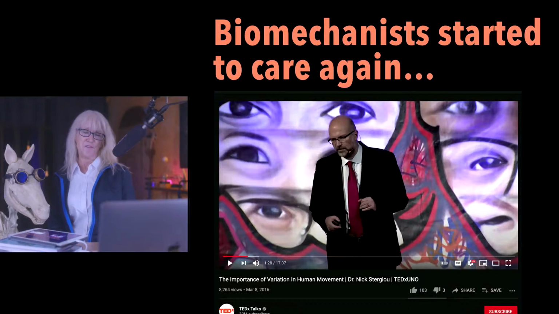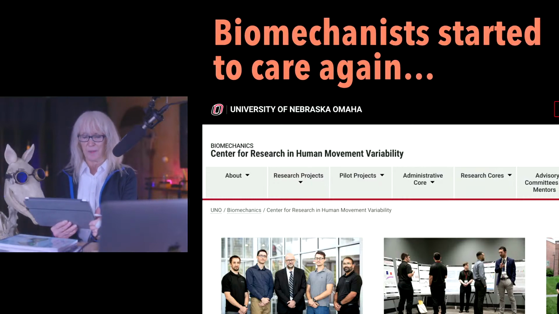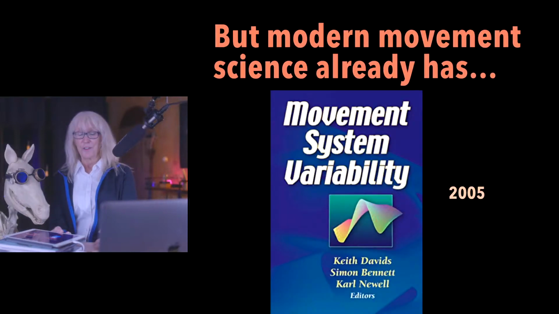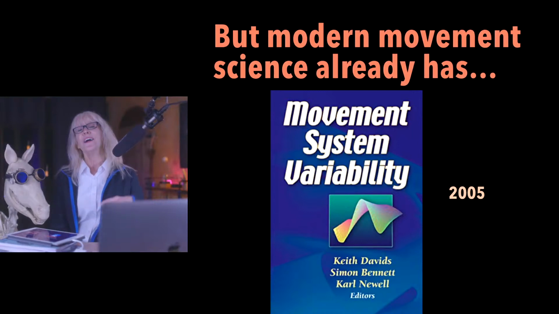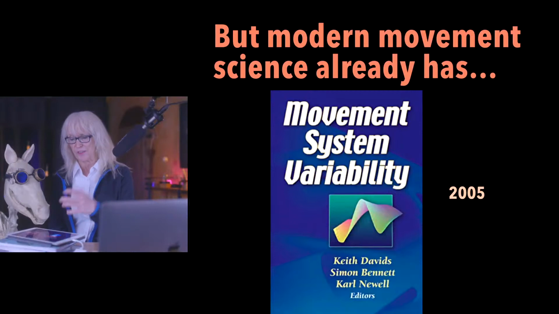It's a great 17-minute TED Talk, but he runs one of the leading biomechanics labs. And in fact, this biomechanics lab is called the Center for Research in Human Movement Variability. And this is a fantastic book. It's an older book, 2005, about just the research on human movement variability, and it's awesome.